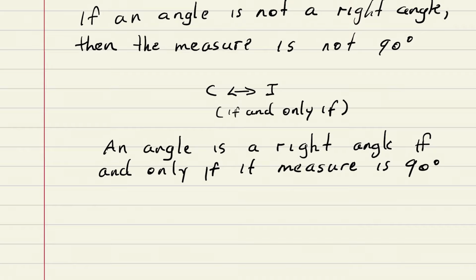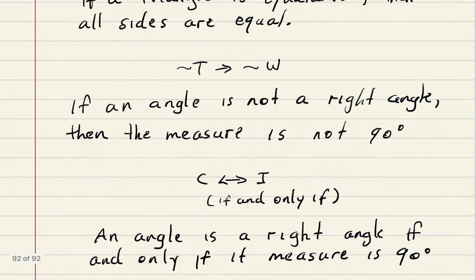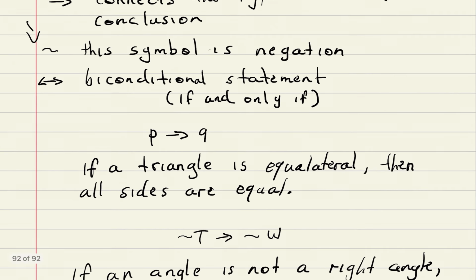So essentially that middle part is the if and only if. So we have an angle is a right angle if and only if its measure is 90 degrees. So those are some of the symbols that we can use for conditional statements.